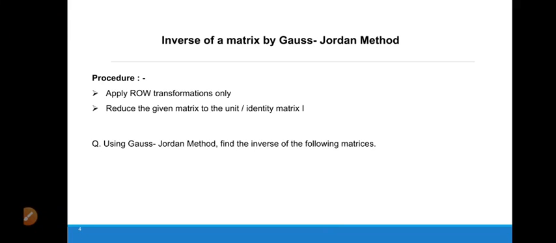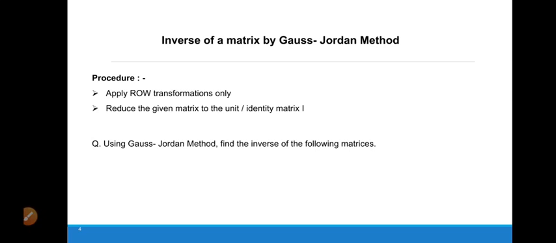So here question will be like this: using Gauss-Jordan method, find the inverse of the following matrices. Very few times the question on this subtopic is asked, but this part is very important as far as the knowledge of matrices is concerned.